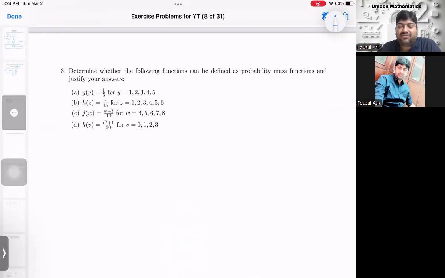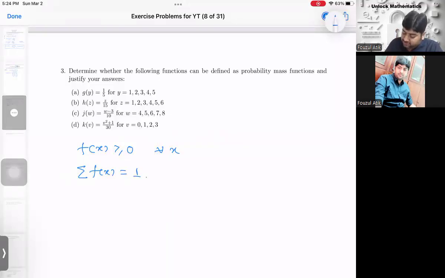A function f(x) is a valid probability mass function if it satisfies two conditions, from a theorem we have learned. f(x) should be greater than or equal to 0 for all x, and the summation of f(x) should be 1.